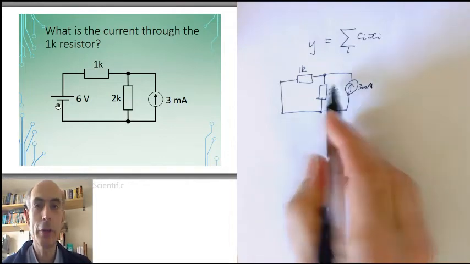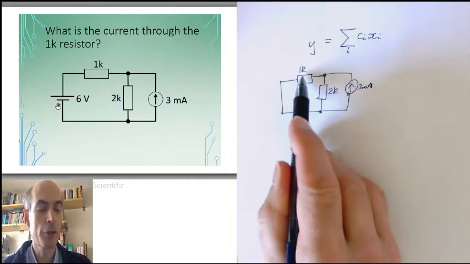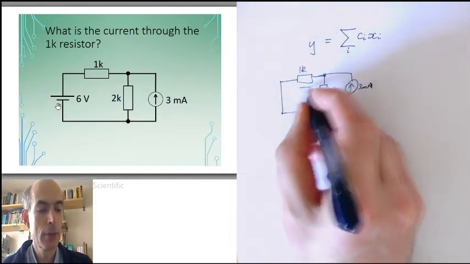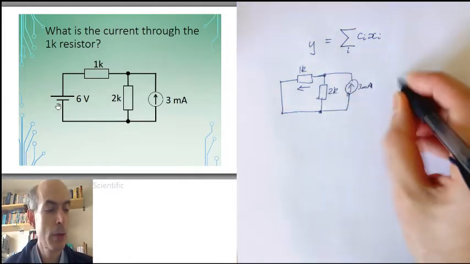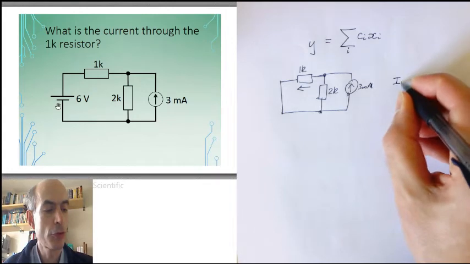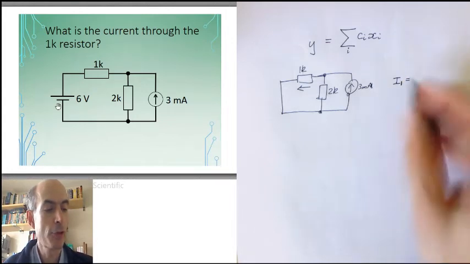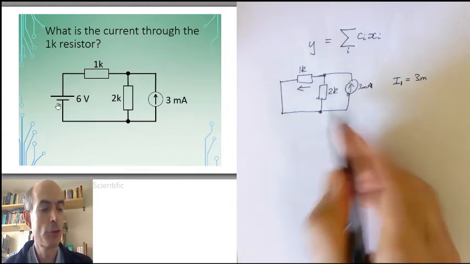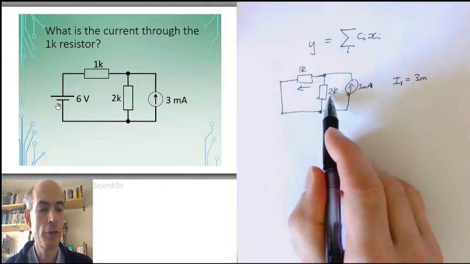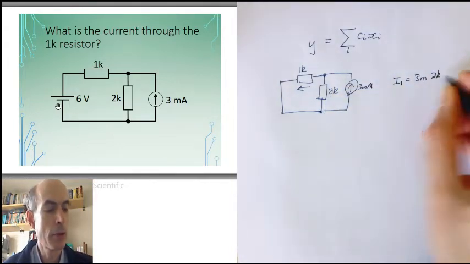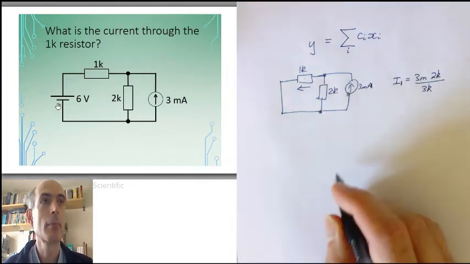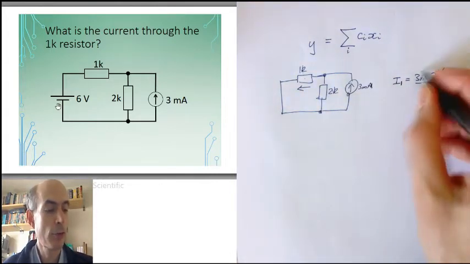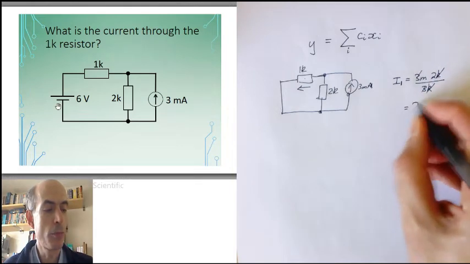Now, this is a current divider, and the current through this 1K resistor would be going in that direction, and just applying the current divider formula, we would get this contribution to the current as 3 milliamps times 2K, the other resistor, divided by the total resistance, which is 3K. The K's cancel, the 3's cancel, we end up with 2 milliamps.